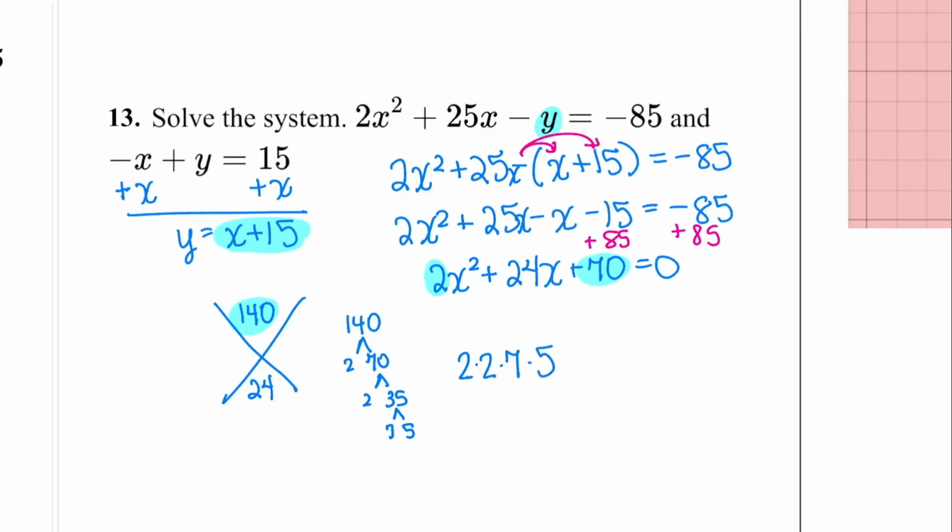So we already know that 2 times 70 is a factor. Now, if we group together these two and these two, that will be 2 times 2 is 4, and 7 times 5 is 35. If we group together these three, that's going to be 28, and this is going to be 5.